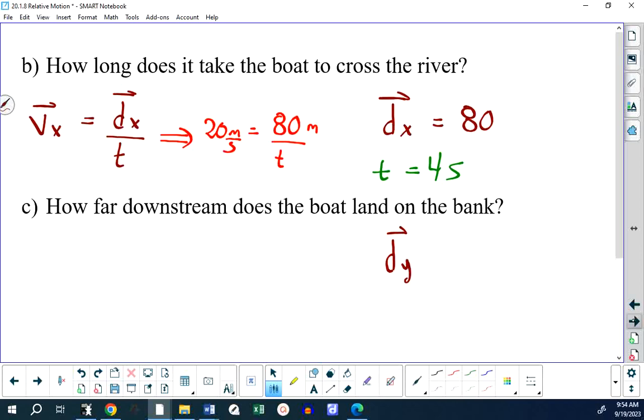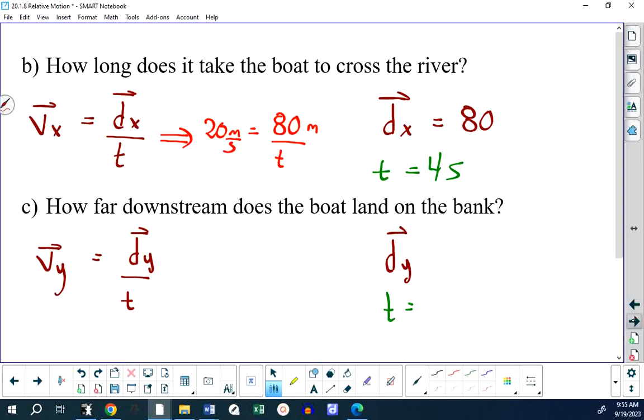We want to find the time. We're still going to use velocity equals displacement over time, but this time we need to use y components because the y component is what we're asked for. We're asked for how far downstream, which is the north component.